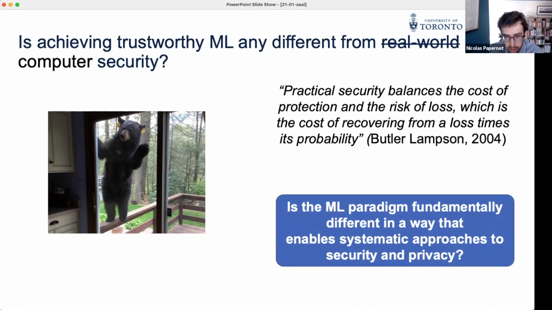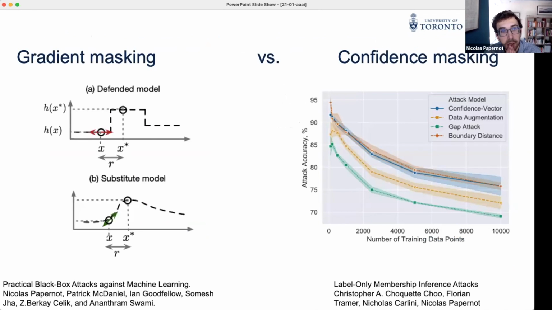And so I think here, the nice thing about machine learning is that it brings a paradigm that is sufficiently different from these traditional computer systems that we can approach this notion of privacy in a principled way. And so what I'd like to do now is to illustrate why I think this is the case and why learning with differential privacy is so appealing, in addition to all of the things that I've already mentioned.